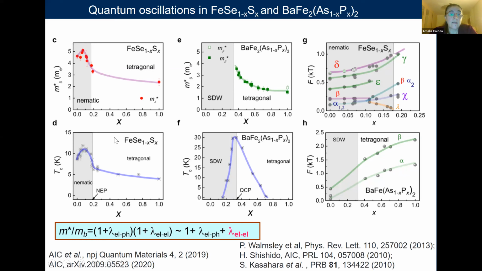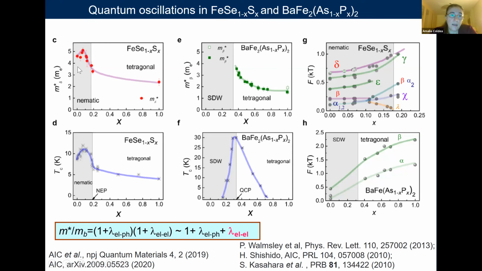So this is telling us two things: either this superconductivity is not caused by nematic fluctuations, or somehow our nematic fluctuations are shifted to a different position.